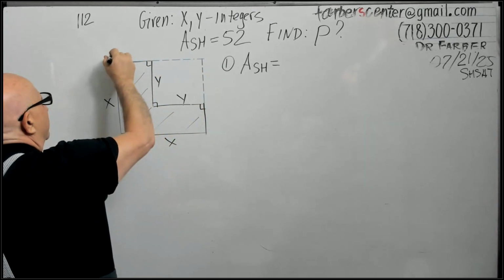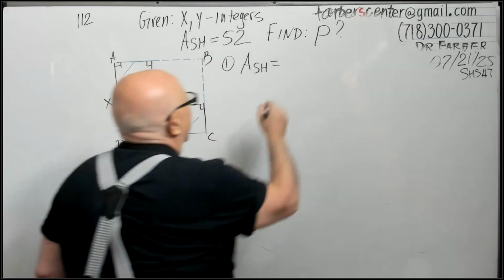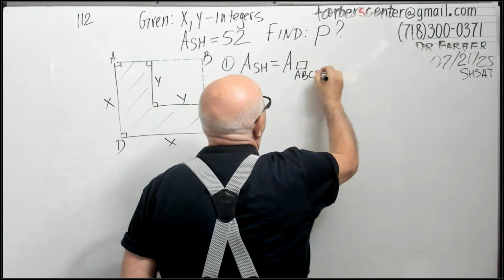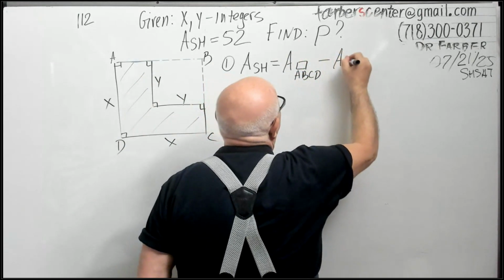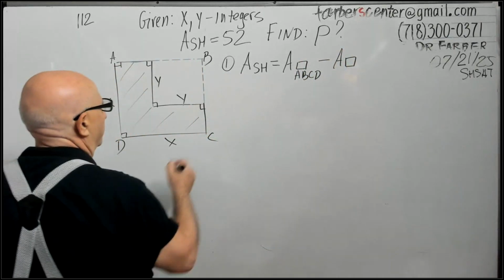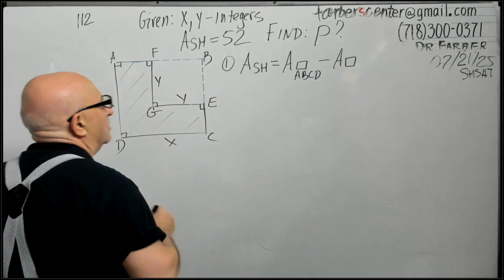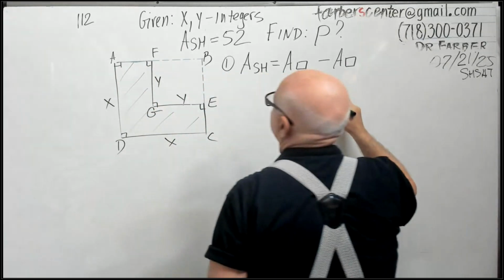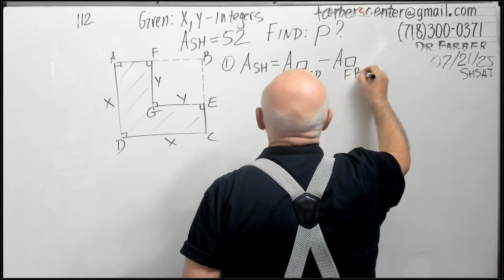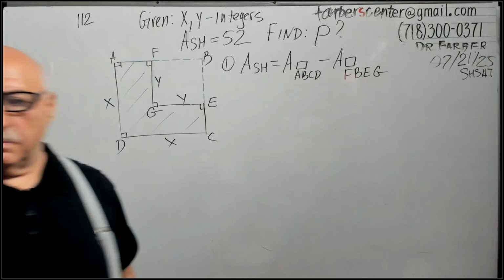I can write A, B, C, D. Area of square A, B, C, D minus area of square B, E, F, G, minus area of F, B, E, G. Who understands this 100%?